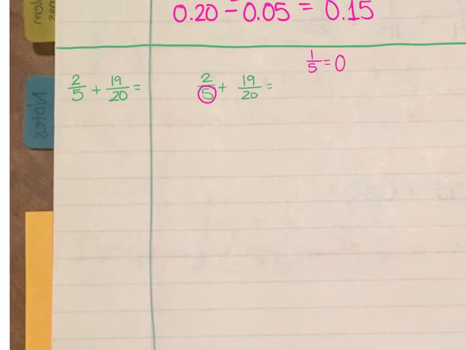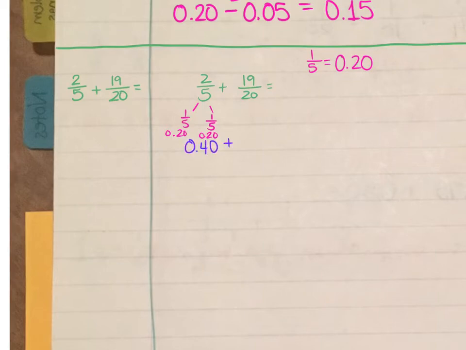It equals 20 cents. But here we have 2/5. So 2/5 would be how much? 1/5 plus 1/5. That equals 2/5, or 20 cents plus 20 cents. So 2/5 equals 40 cents.